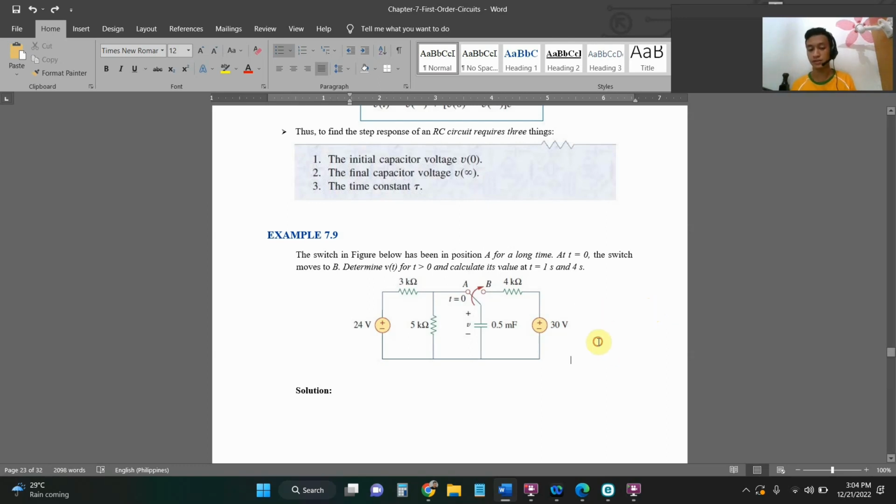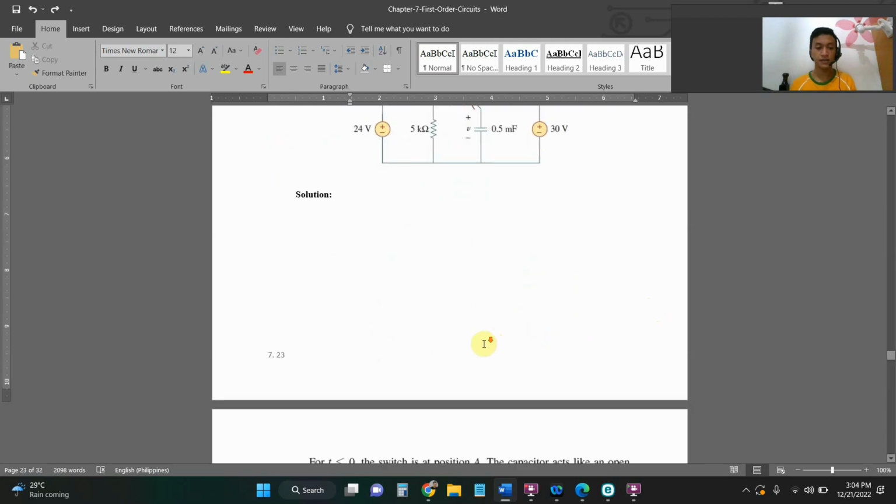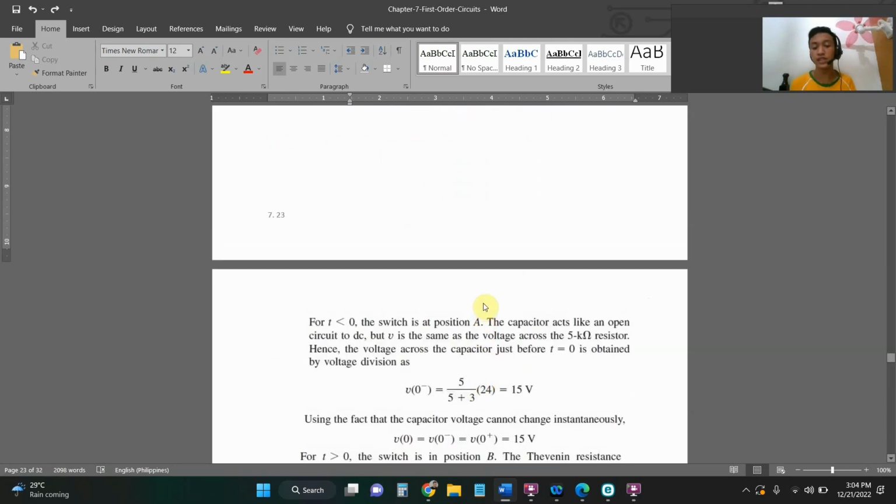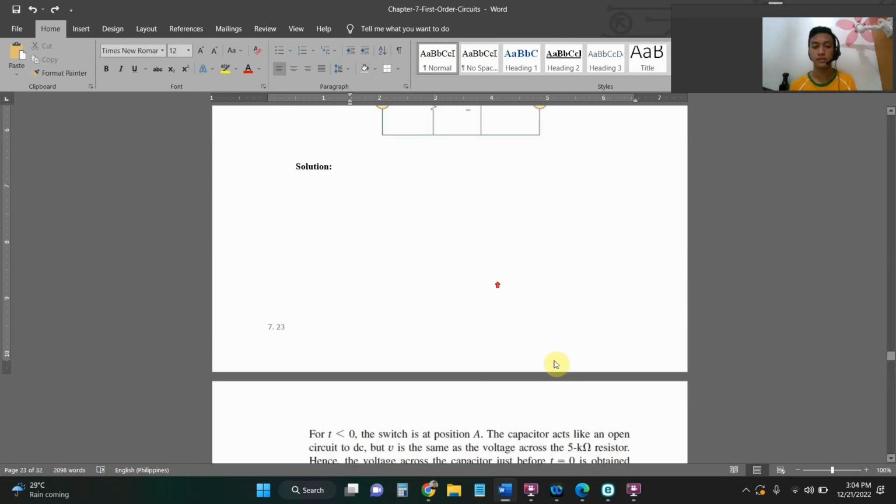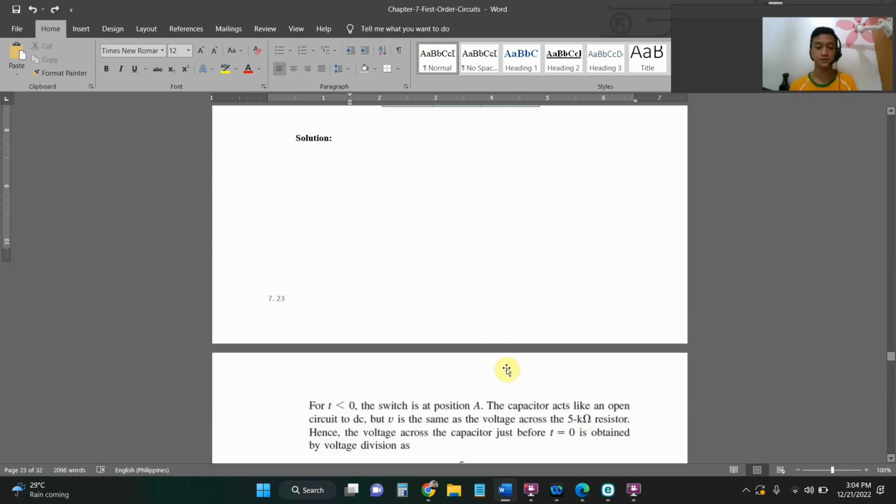So if we have this circuit, for t less than 0, the switch is at position A. So the capacitor acts like an open circuit to DC, and V is the same as the voltage across the 5 kilo ohm resistor in this circuit.